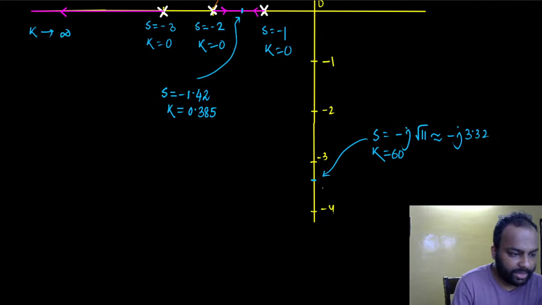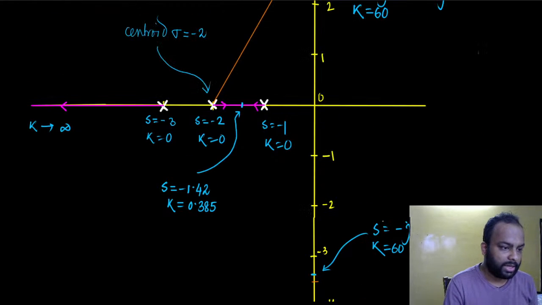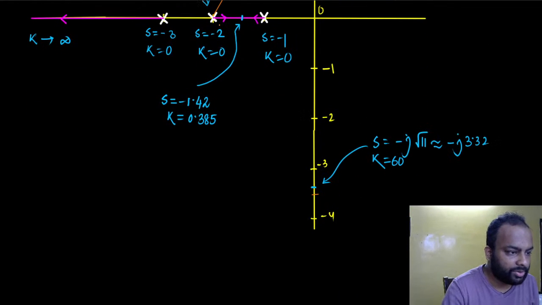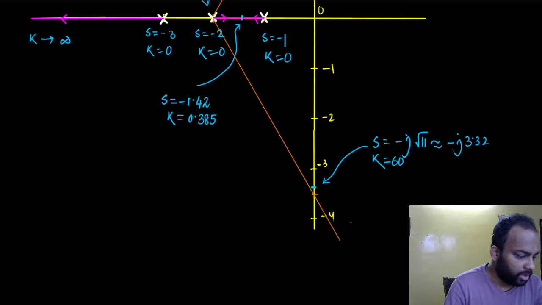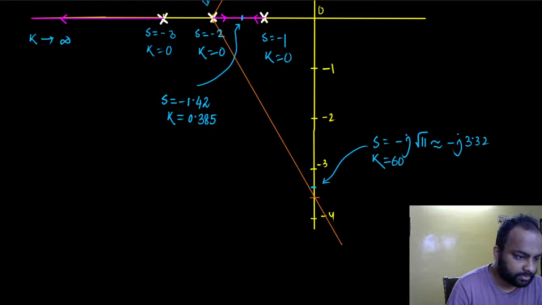And we have to do the same thing here. So this point is going to be like this, and that's going to be 300 degrees or minus 60 degrees, essentially, for all intents and purposes. Again, the root locus is going to be symmetric about the real axis.